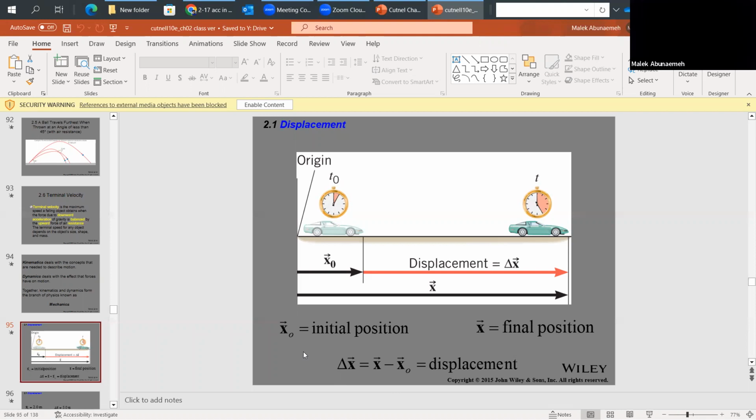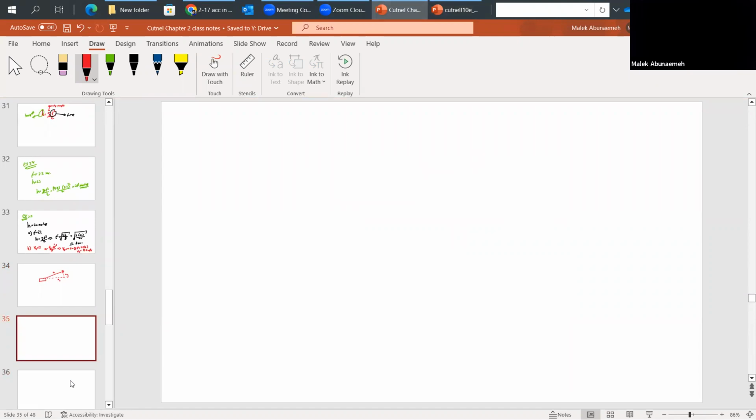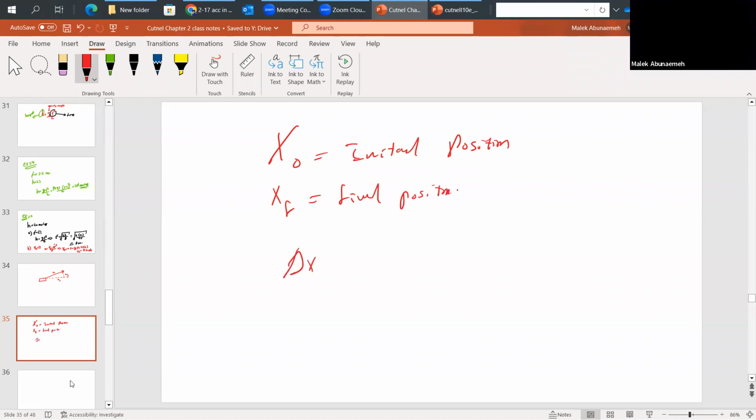We used x for your displacement, or d. So your displacement is your change in position, where we define x naught as your initial position, x final as your final position, and delta x, which is going to be your displacement.